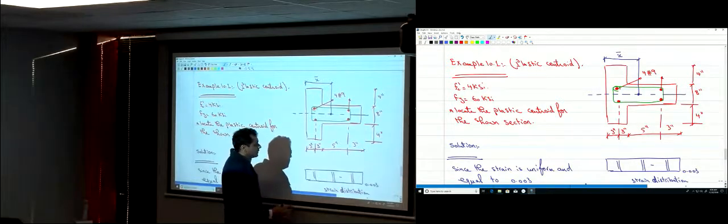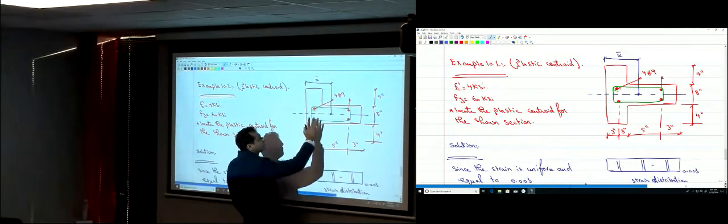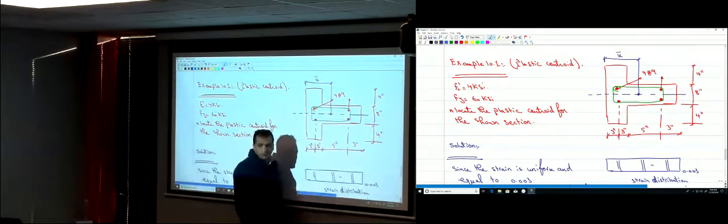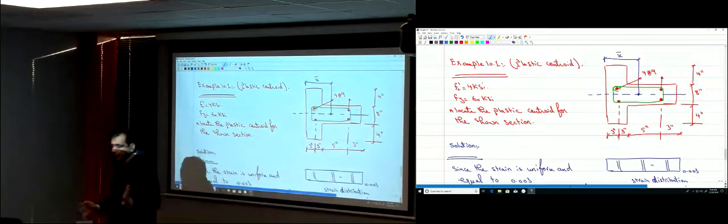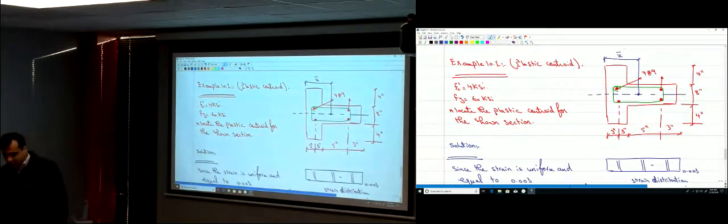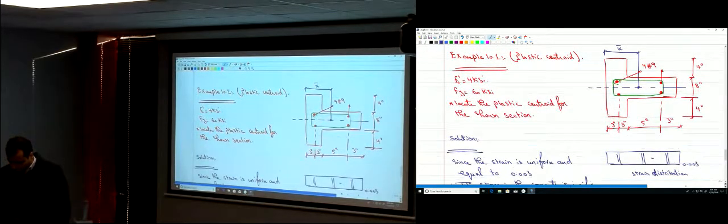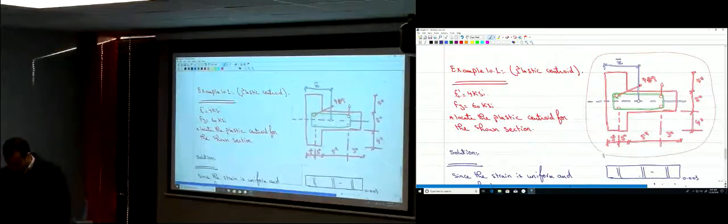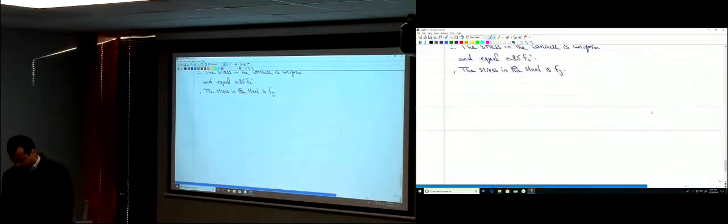So first, this strain gives you a uniform stress. The stress multiplied by the area will give you the force in each part. So I'm just going to divide my section into 3 parts because those are the components of my section over here, okay? So let me copy this and paste it here.